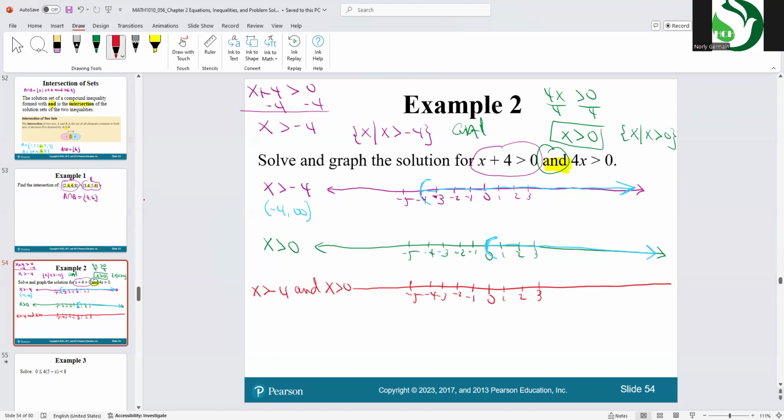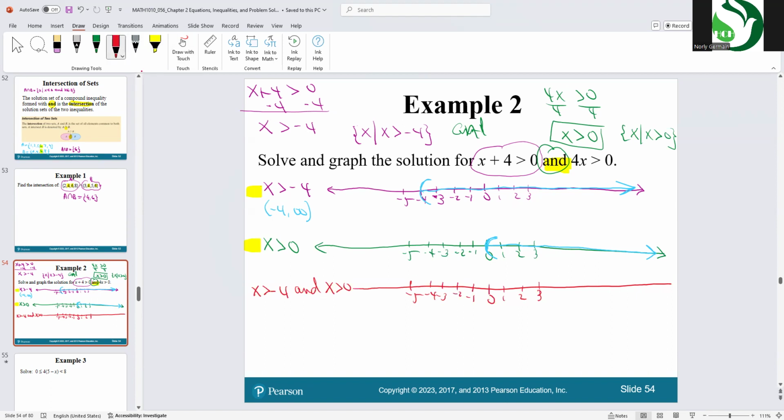Okay, so in this case, we need to take the intersection. What is the intersection of these two? What section between the first one and the second one do you see in common? So that's what we're going to do.